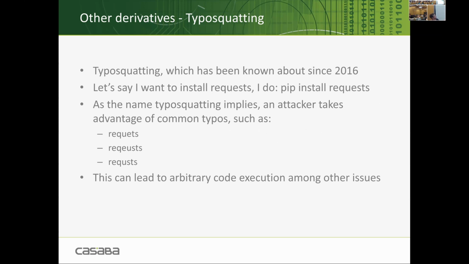If I upload packages with misspelled variations of requests, chances are people have actually used that and included that in the requirements.txt file or have installed that. It's not uncommon for that to happen. And you can get malware into systems, and you can get things like arbitrary code execution, remote code execution, and a number of other vulnerabilities.